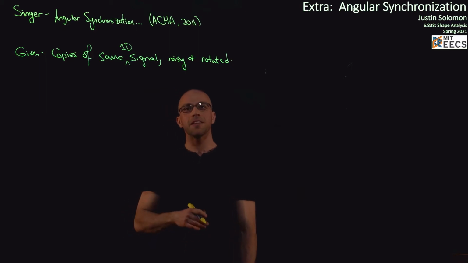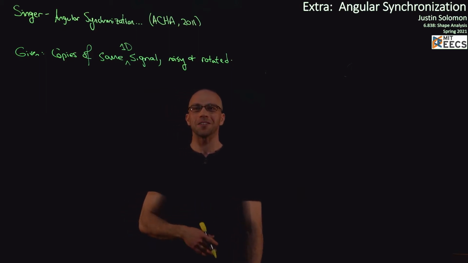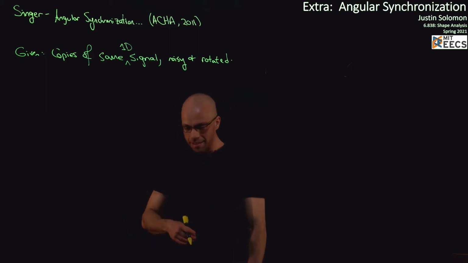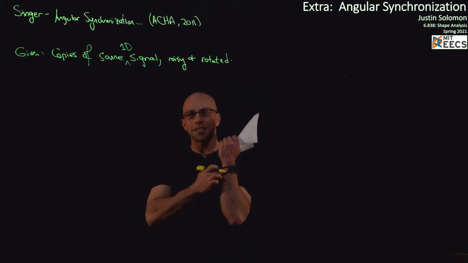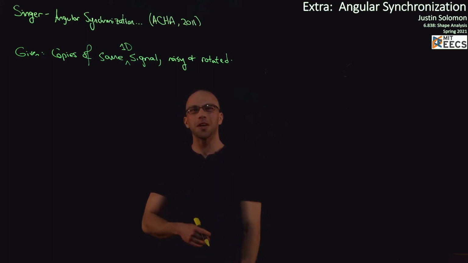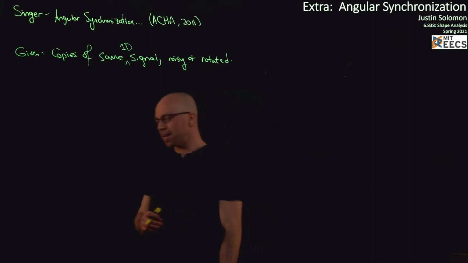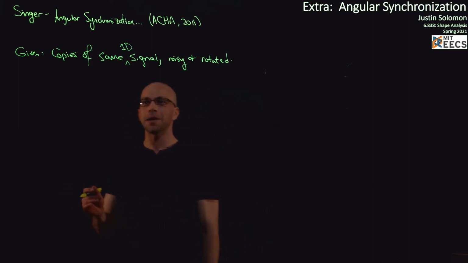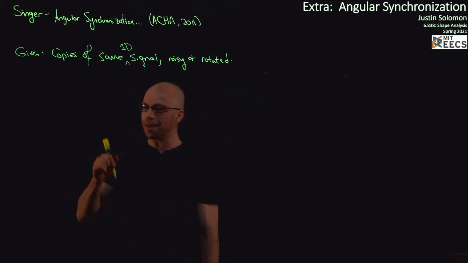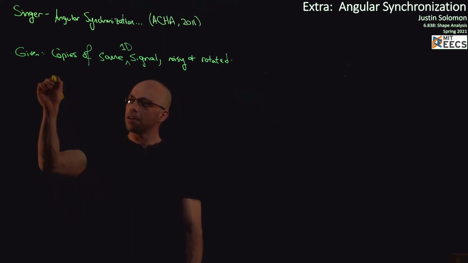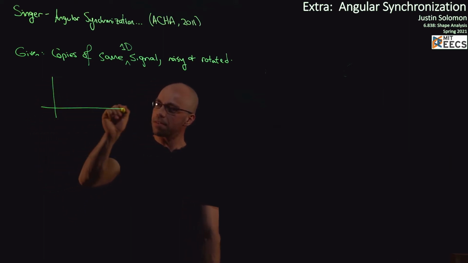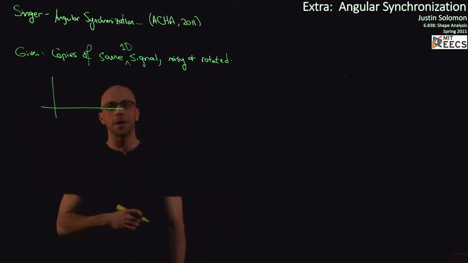Okay, so let me see if I can make it a little bit more concrete for all of you. Let's say that we all are wearing smartwatches that are tracking our 24-hour cycle. So maybe we look at your heart rate, blood pressure, whatever, as some function of time. And what I get back is some signal which is tracking some biological thing.